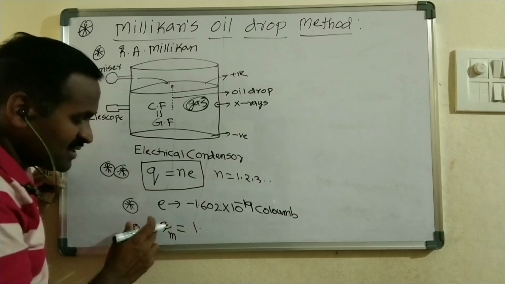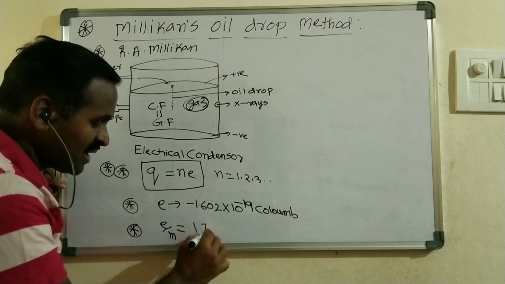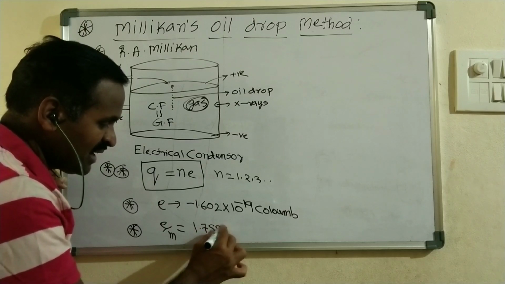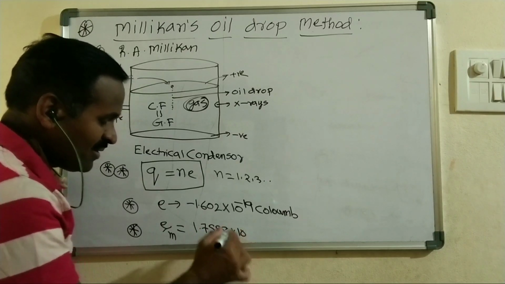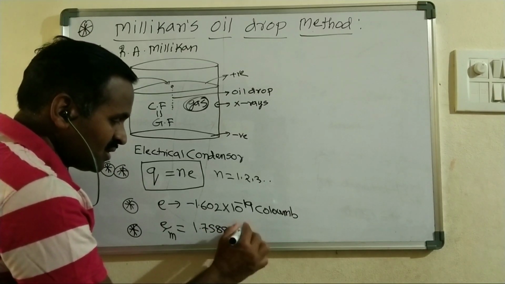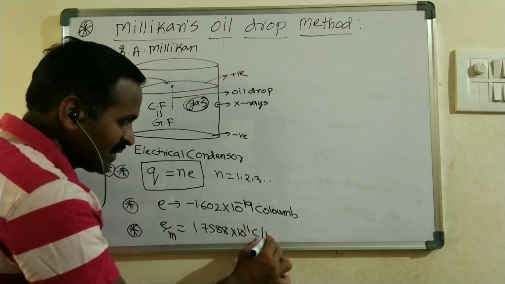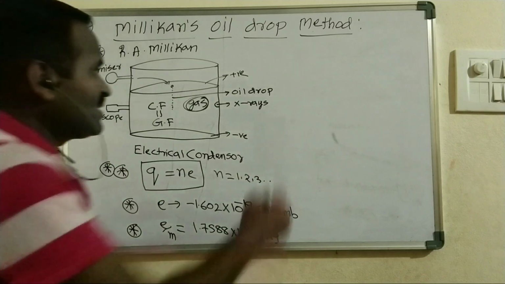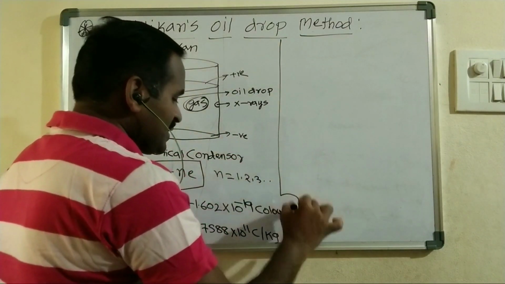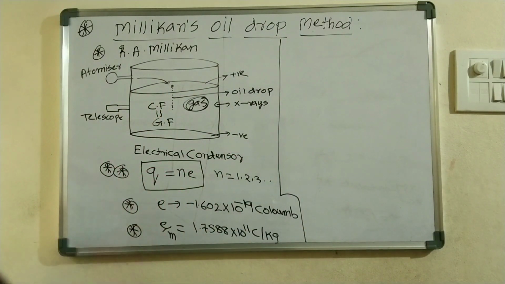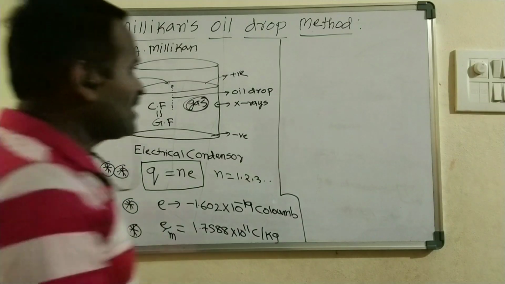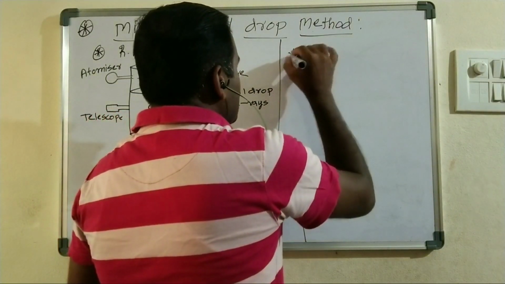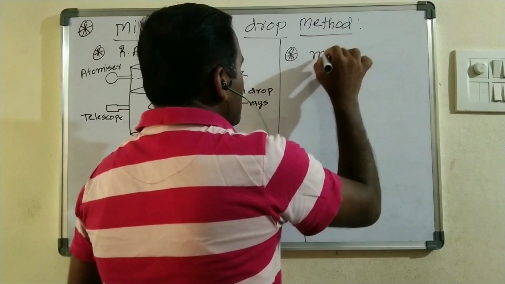So what is the charge to mass ratio of the electron? That is 1.7588 into 10 power 11 coulomb per kg. With the help of both the charge to mass ratio of the electron and the charge of the electron, J.J. Thomson calculated the mass of the electron.